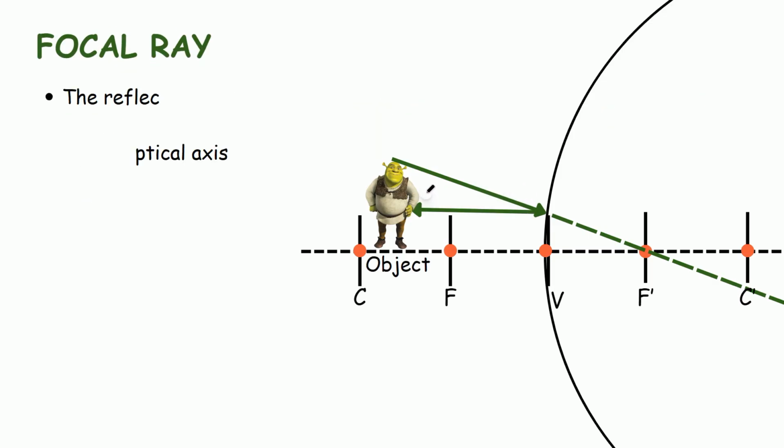So focal ray, the reflected ray bounces back parallel to the principal to the optical axis. So, focal ray, muigo ra gihapon siya sa F, pero naay mo reflect na light parallel.